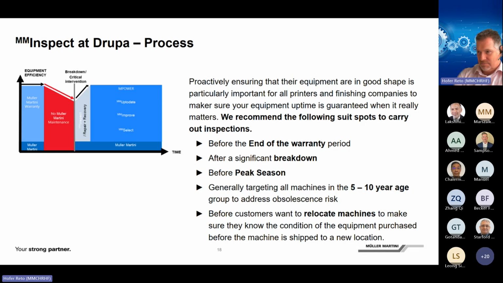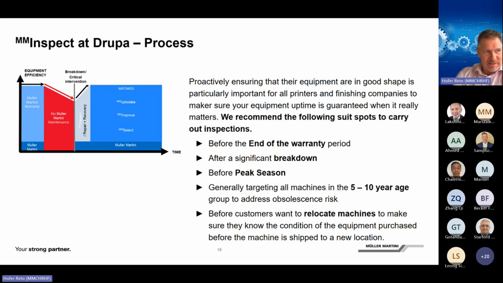Before peak season is always something that a lot of customers do. Before they go into a busy period, they carry out some inspections. Again, it shows them whether there is anything they need to focus on before they run the machine into the busy season. It's one aspect that customers do on an annual basis, just before they enter the peak season.